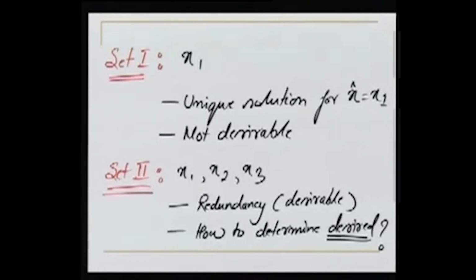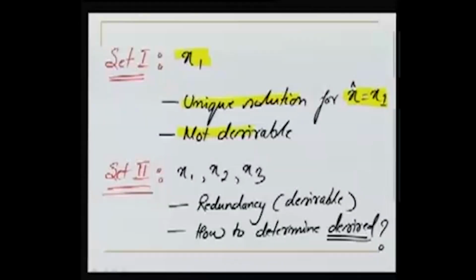Okay, in the first set we have taken only x1, and if you are taking only x1, our solution will be unique, means our estimated value is equal to x1. Only one observation we have taken. We just observed it once, so we can't say anything else about that length of the line except that observation. So our estimate of that observation, or we can say adjusted value, the final value, is equal to the observation.